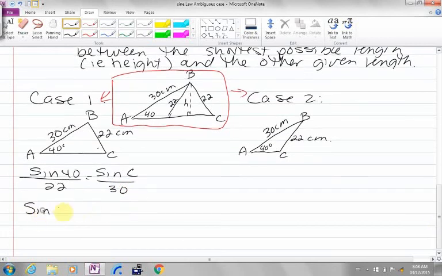So sine C is 30 sine 40 divided by 22, which is 0.8765. So angle C is 61 degrees.